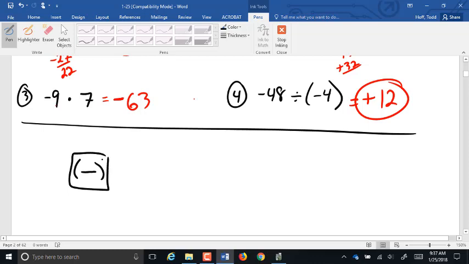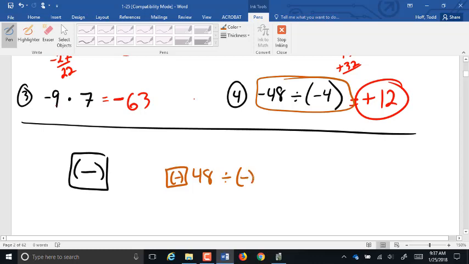It's down by your equals key, or your enter key, and that's what you would have to use to enter your negative. So, as an example, number 4 up here, you would press that negative key, type in 48, divided by, press that negative key again, and then 4 and hit equals, and it should give you the answer of 12.